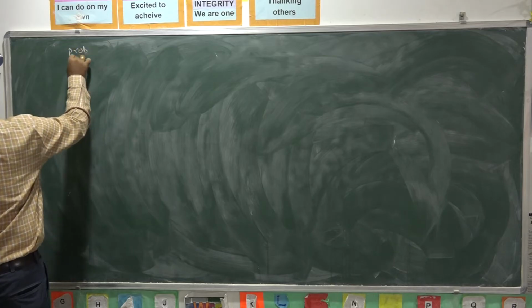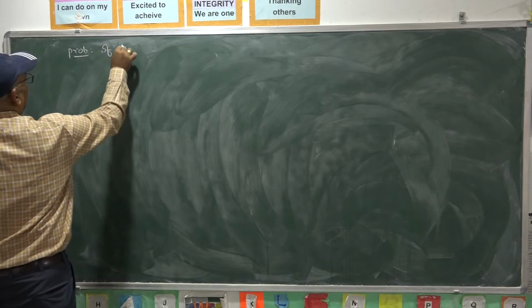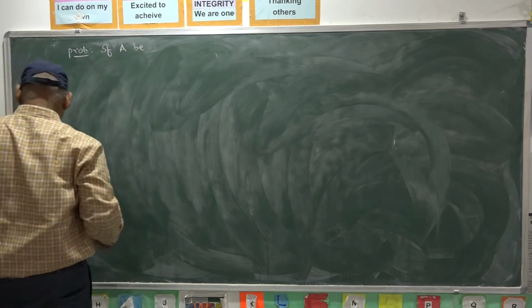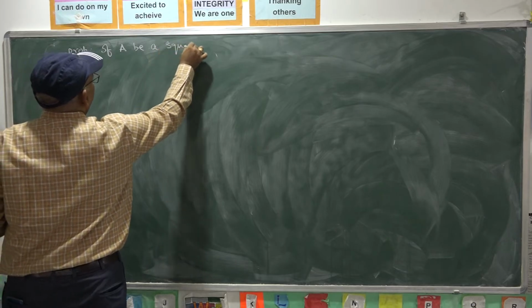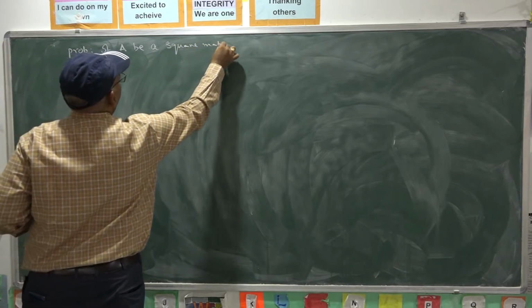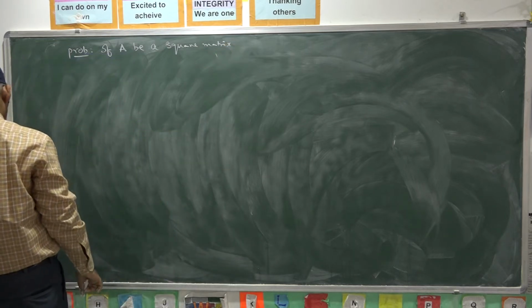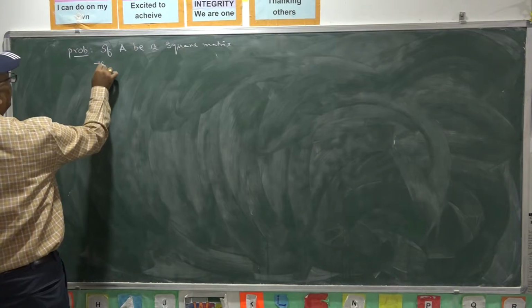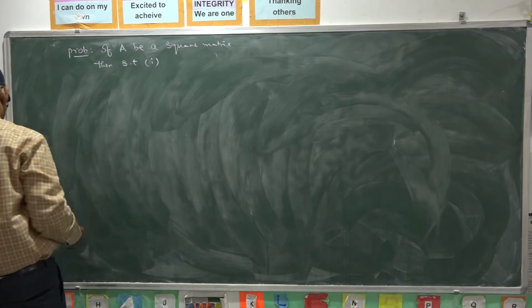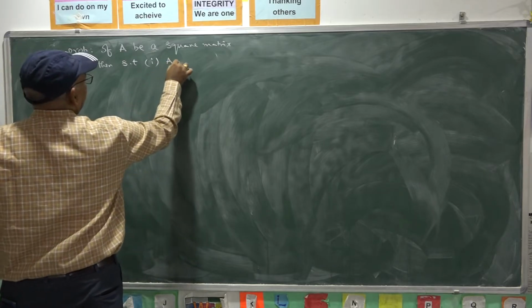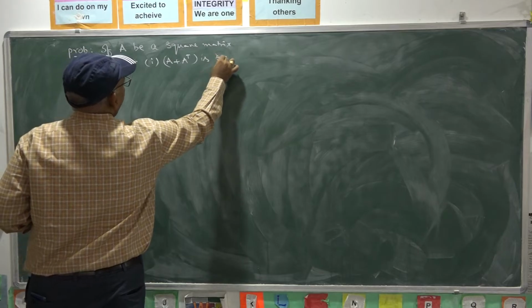Now, if A be a square matrix, then show that first one, A plus A transpose is symmetric.